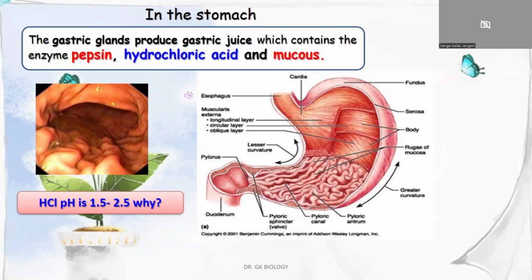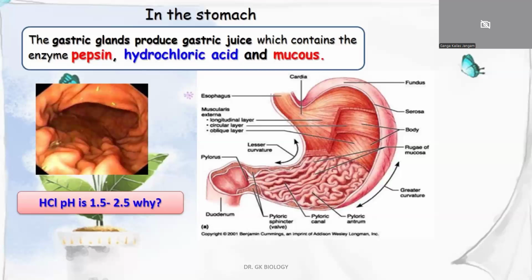And what is the function of these three: mucus, HCl, and pepsin? As we know, pepsin is the enzyme which helps in the breakdown of food. But what about the HCl? HCl helps in the conversion of pepsinogen into pepsin.